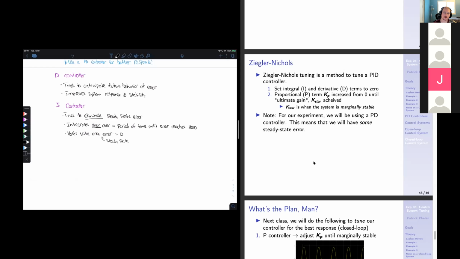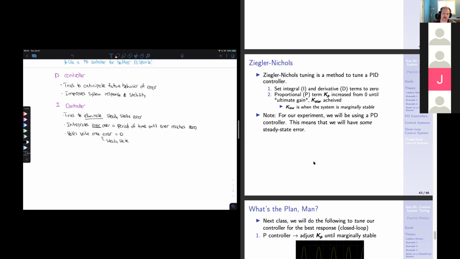Then we systematically increase this KP value until what's called an ultimate gain, or K star, is achieved. K star is when our system is marginally stable. So it's not stable, but it's marginally stable.